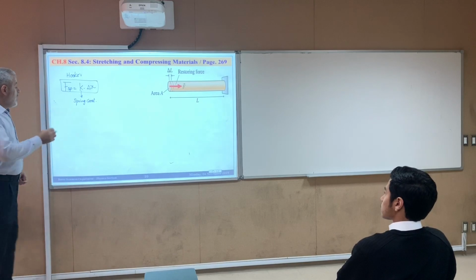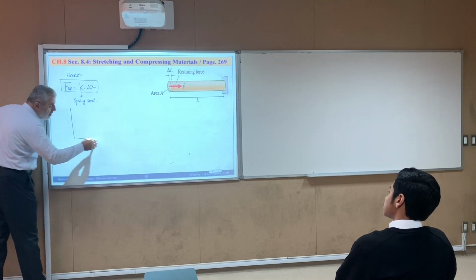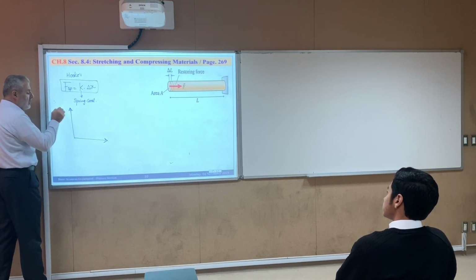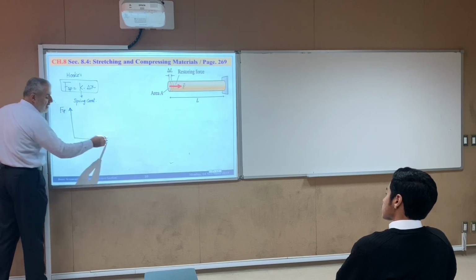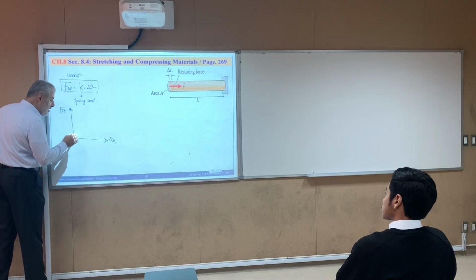So what happens if we draw this graph? You remember this one, F of spring versus delta X, we have a straight line.